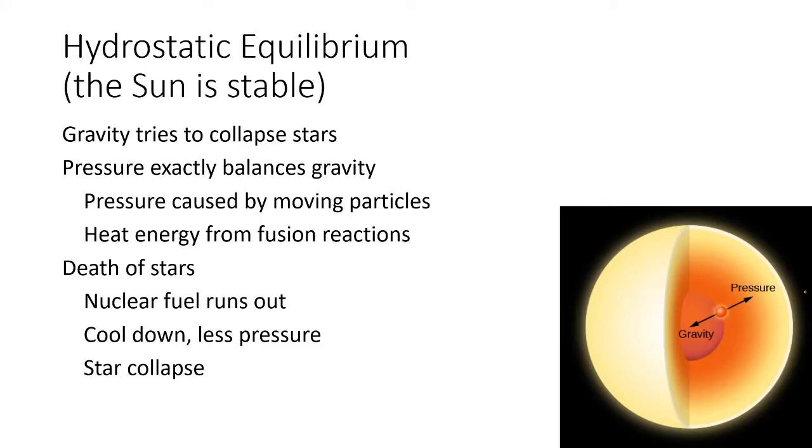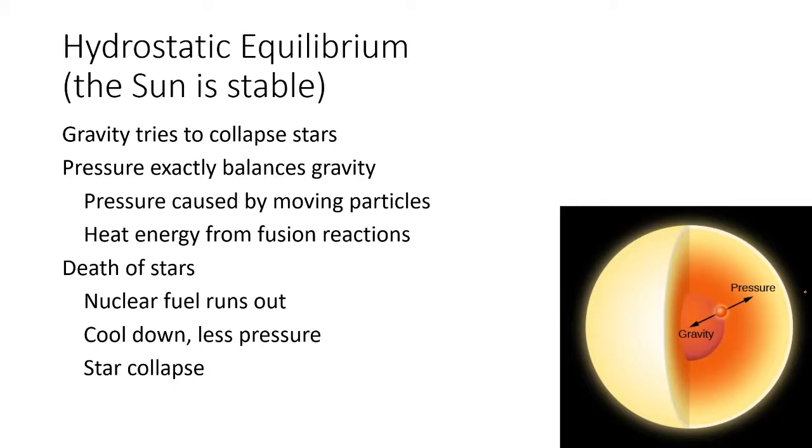However, it's really hot in there. Those particles are moving around and moving around and moving around, and they're creating pressure. Like when you blow up a balloon, the atoms in a balloon are moving and bouncing against the side of the balloon, and that's what's creating the pressure. So this pressure is caused by the moving particles, and they move because there's fusion going on.